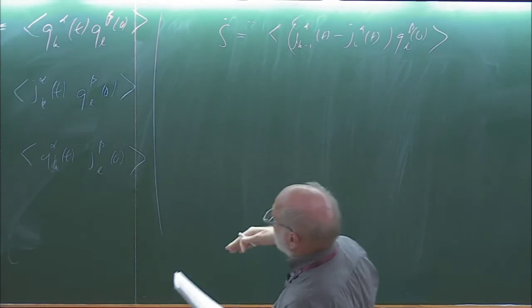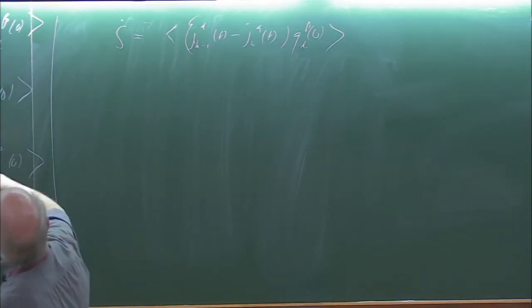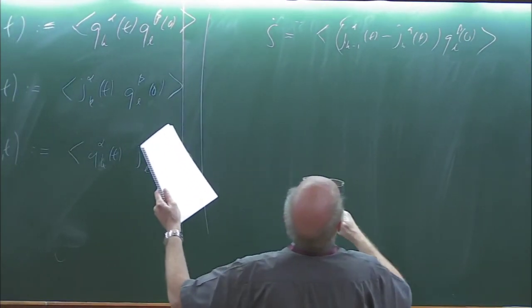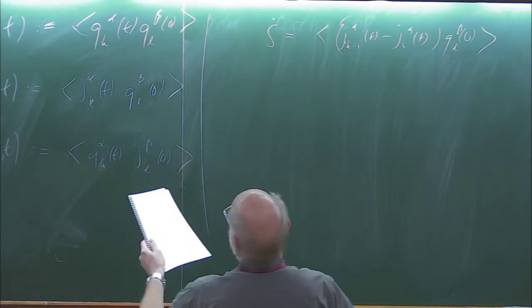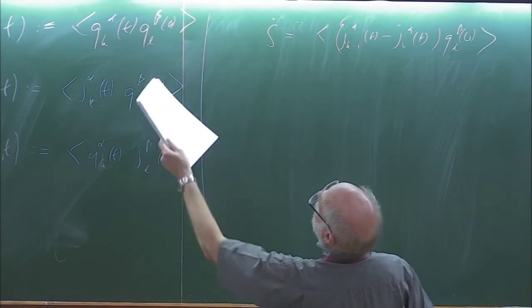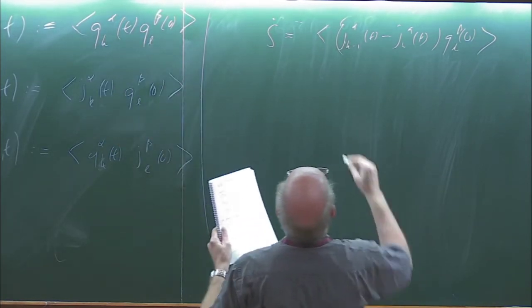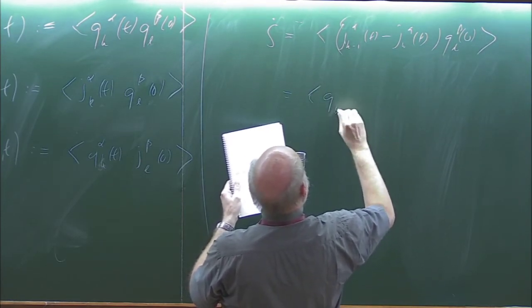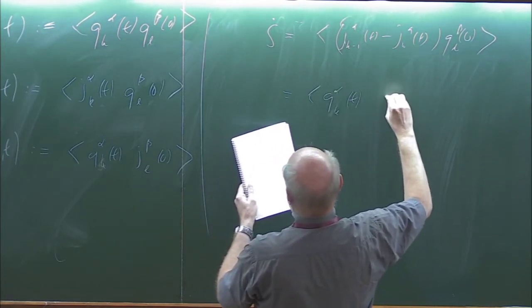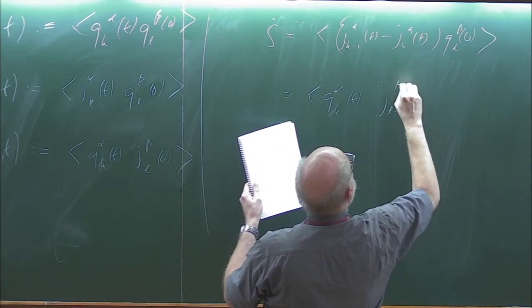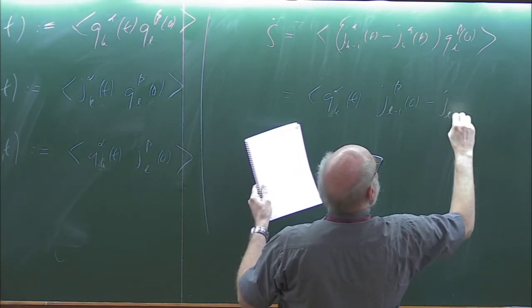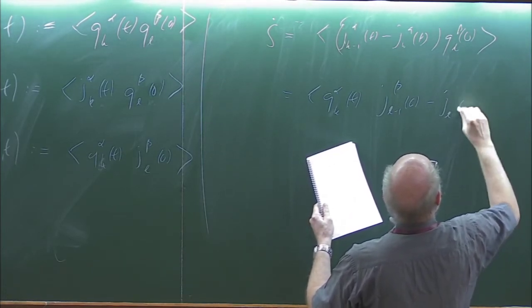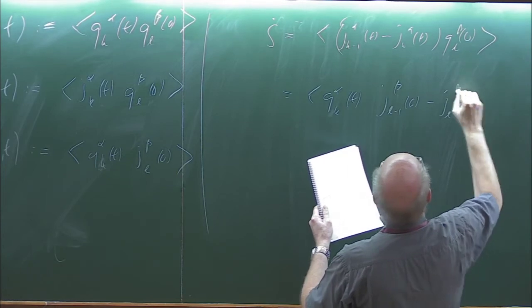That's one equality by just applying the conservation law here, but I can also apply it to the q at time zero. So it is also equal to the expectation of q^α_k(t), j^β_{l-1}(0) minus j^β_l(0).